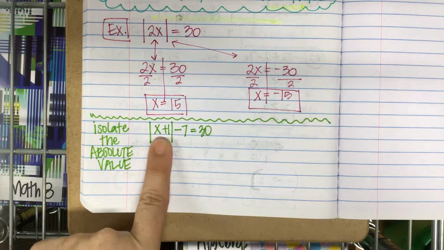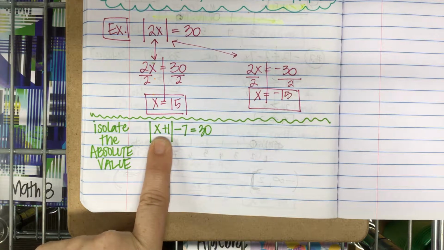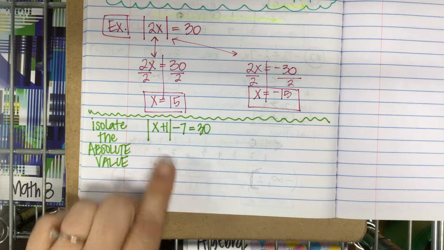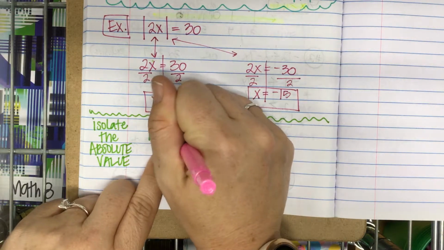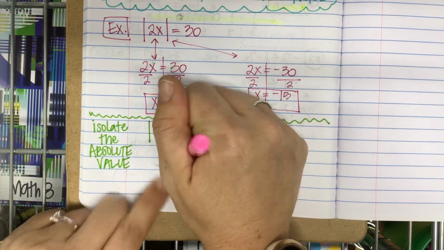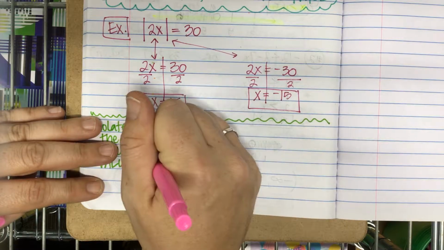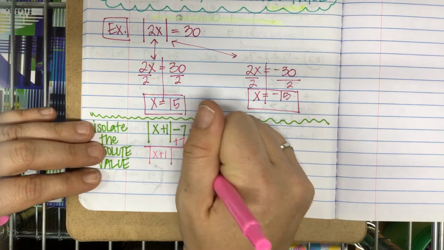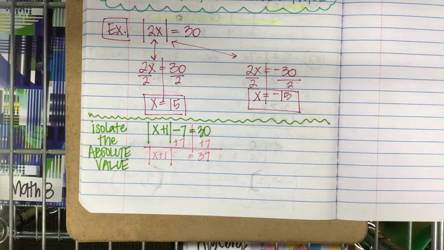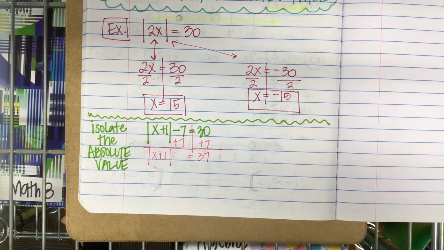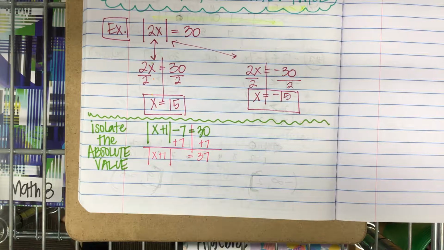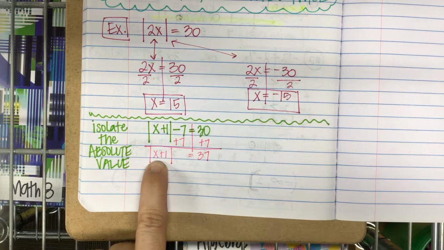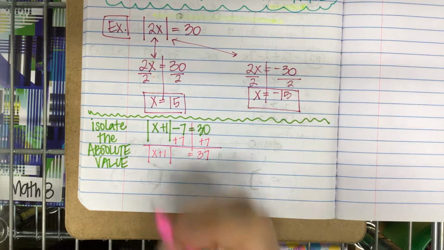So what should I do first? What do I do to get the absolute value all alone? Reagan? Yeah. I'm going to add 7 to both sides. And now that my absolute value is alone, I can solve twice. Now that I have my absolute value isolated, I can solve twice.